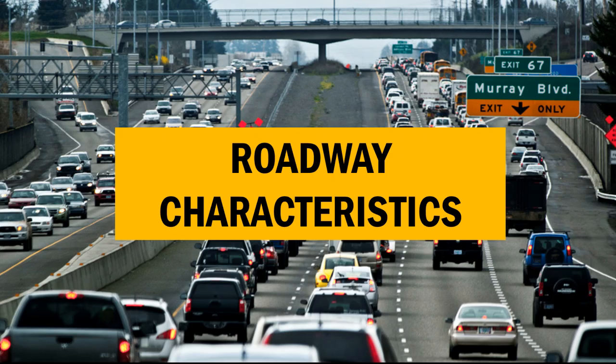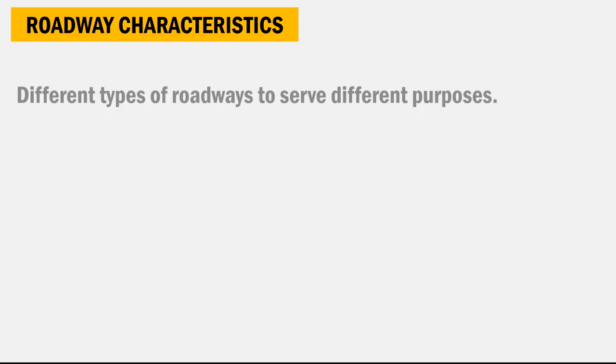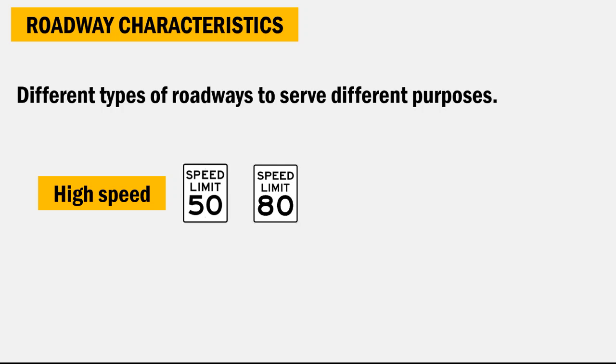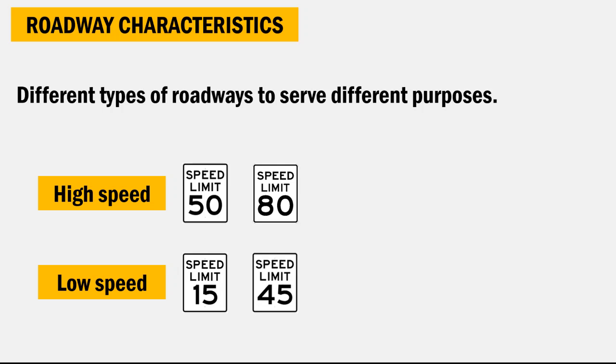Moving on to roadway characteristics. There are different types of roadways to serve different purposes. High-speed roads with speeds ranging from 50 miles per hour to 80 miles per hour, and low-speed roads with speeds ranging from 15 miles per hour to 45 miles per hour.